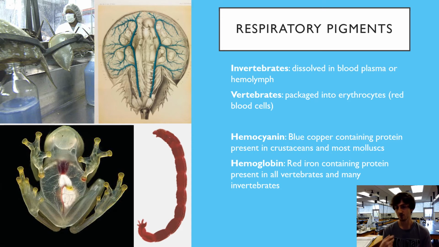So if you think about when you're running, you're using a lot of oxygen, so that blood is going to be pumped down to where it's needed most. So if you think about your legs are going to be using oxygen and then releasing CO2 just through cellular respiration. So as that blood that's carrying oxygen approaches those cells that are in high demand of oxygen, the heme groups release that oxygen due to the differences in pH that they encounter, and then they become much more, what's the word for it?